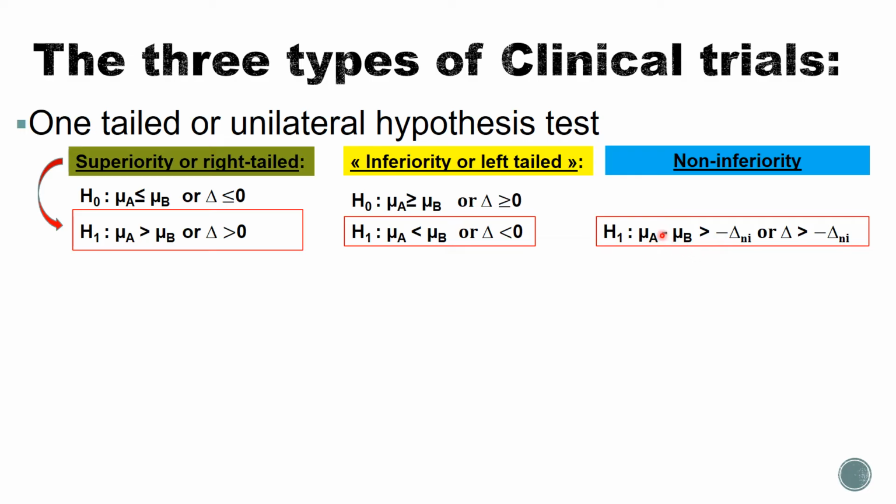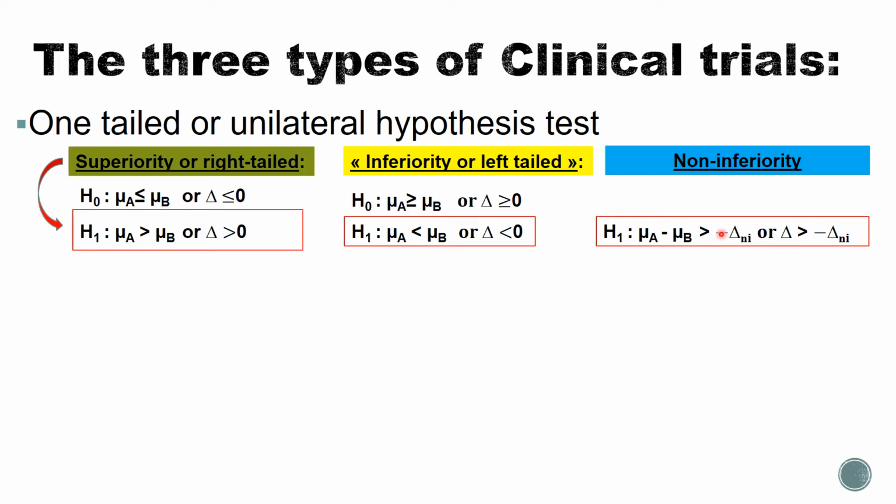So what it means is that the differences between the existing treatment, which is treatment B, it could have been vice versa. Maybe treatment B would have been the new treatment, but I just prefer it this way. So the differences between the existing treatment and the new treatment must not be what?